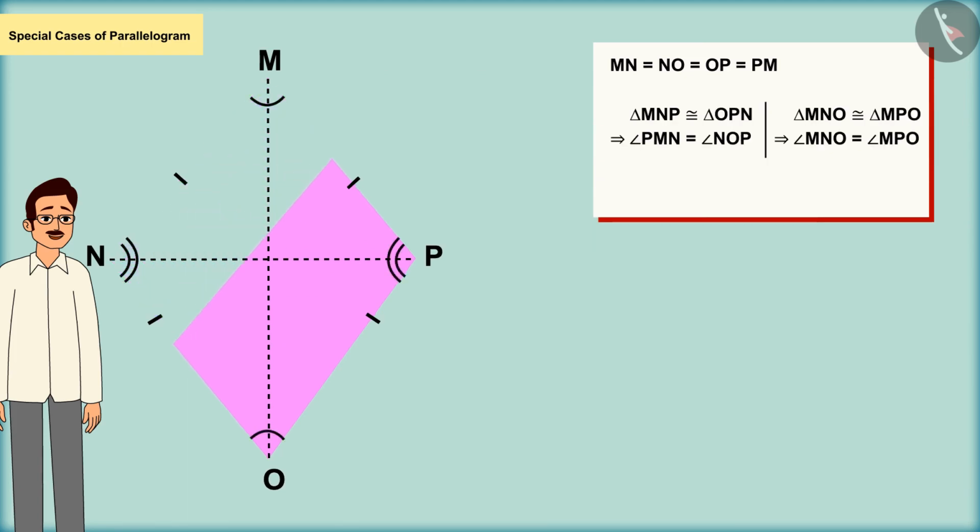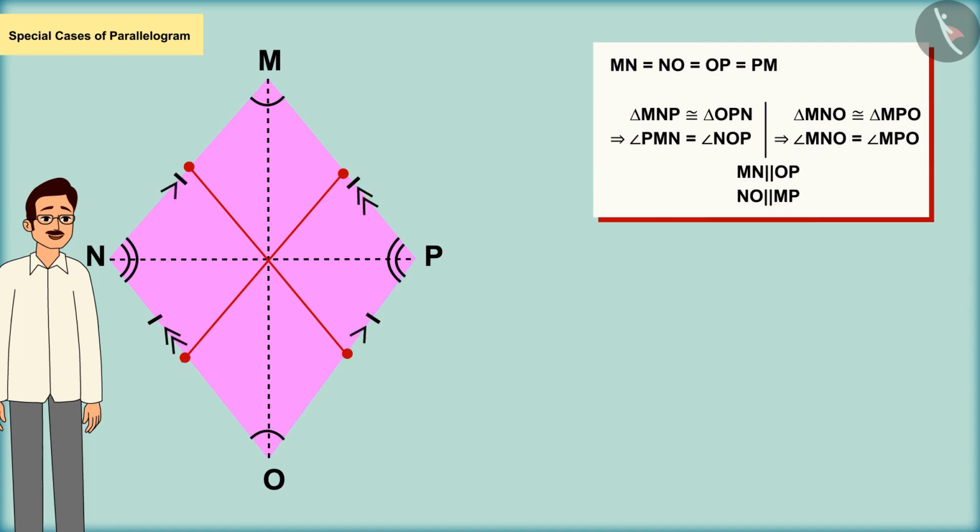Also, if we fold this quadrilateral with respect to the lines connecting the middle points of its sides MN and OP and the sides NO and MP respectively, you can see that the sides NO and MP and MN and OP are parallel.